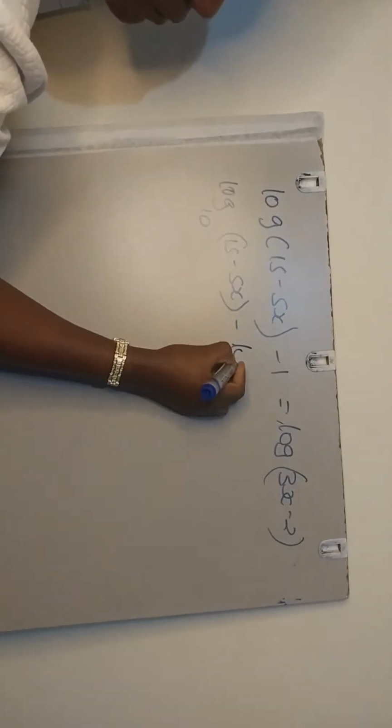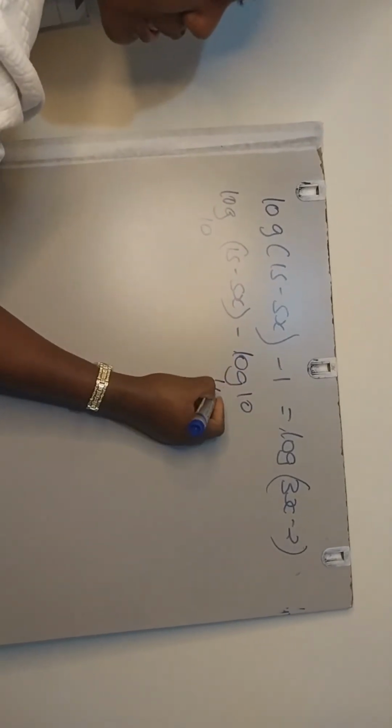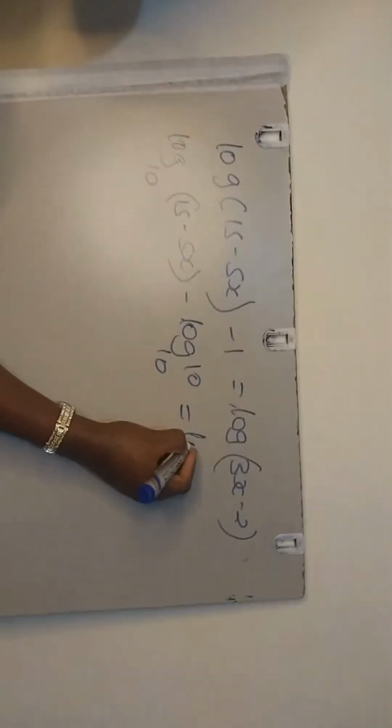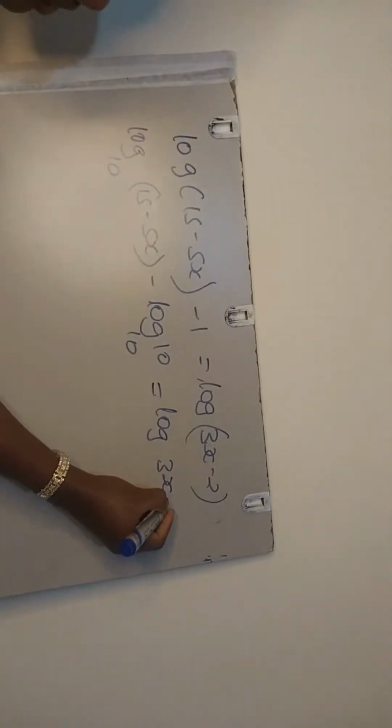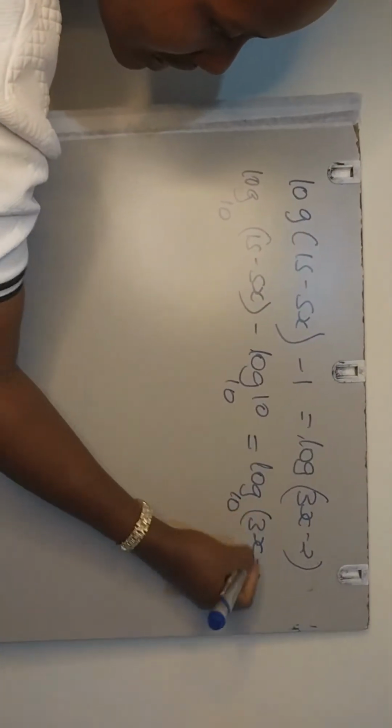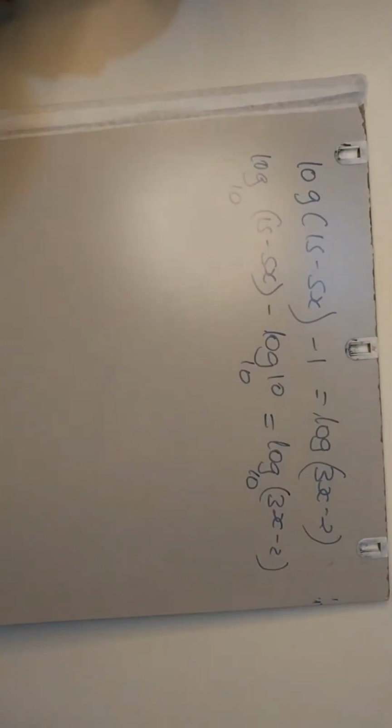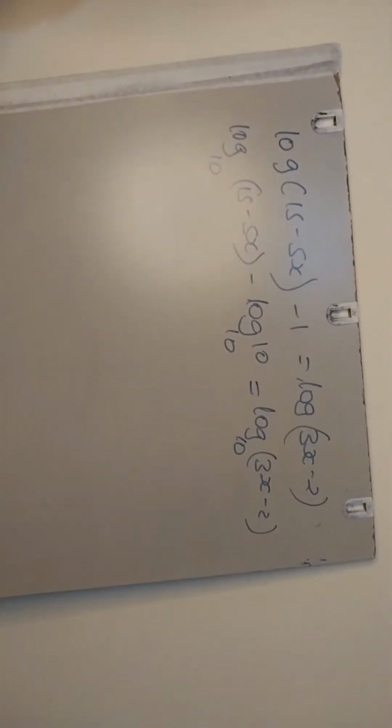So 1 here will be log 10 to base 10, equals log 3x minus 2 to base 10. Now the bases are the same. Remember 1. 1 is the key thing here.